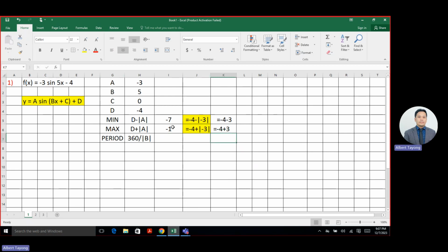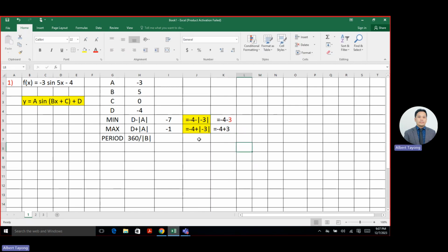So again, to get -7, the minimum, that is d minus the absolute value of a. Our d is -4, so you have -4 here, minus is always minus, and the absolute value of -3. Now the absolute value of any number is positive, so this becomes -4 minus +3.